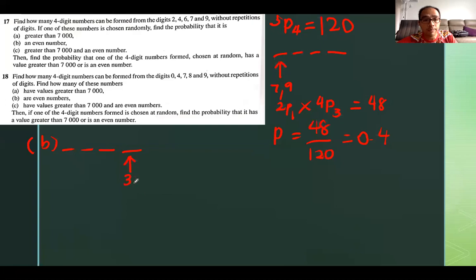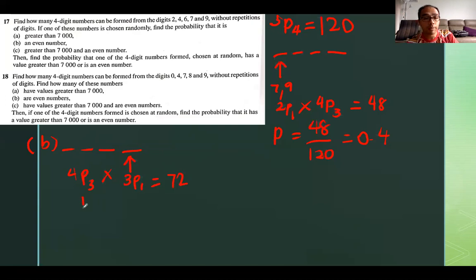So 3P1, because there's only one place for you to put, times 4P3, this is standard. Because lepas kau letak satu nombor sini, ada 4 lagi nombor dan 3 tempat kosong saja. So 4P3 times 3P1 is 72.